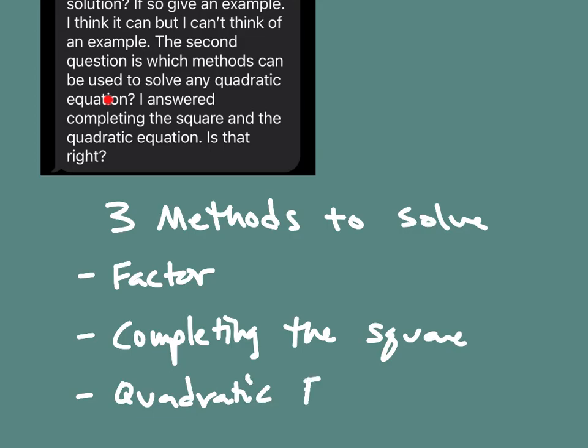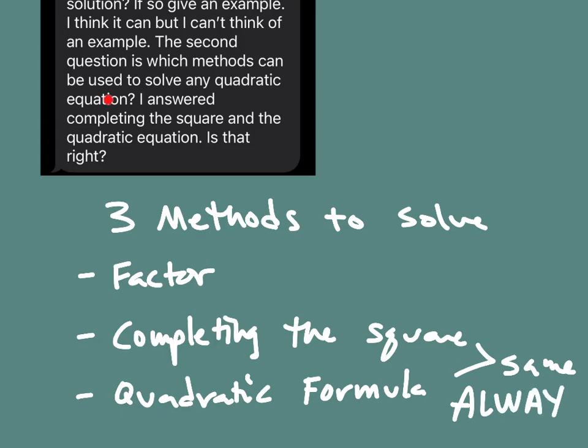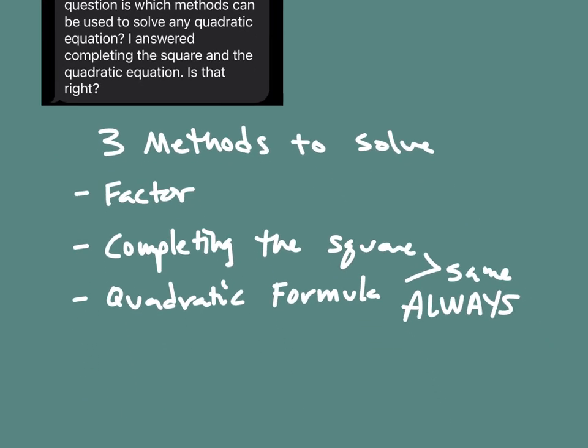The interesting thing about completing the square and the quadratic formula is that these things are essentially the same thing, and they will always work, no matter what. The factoring method does not always work.